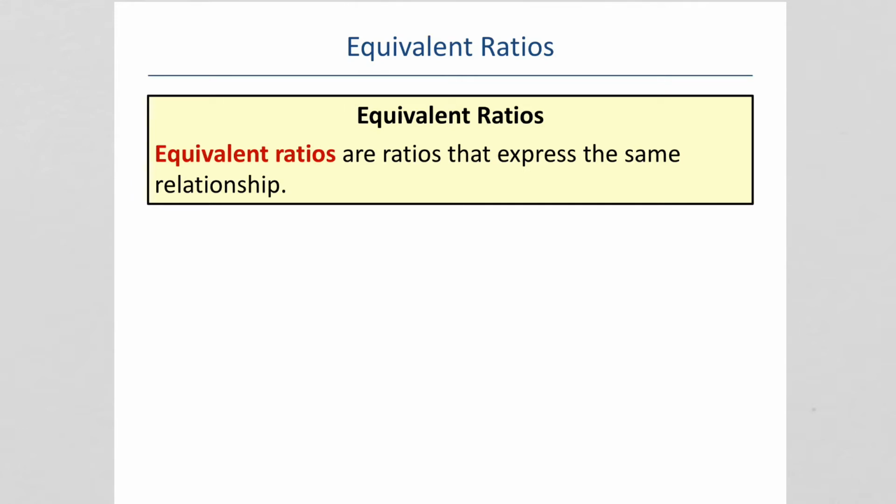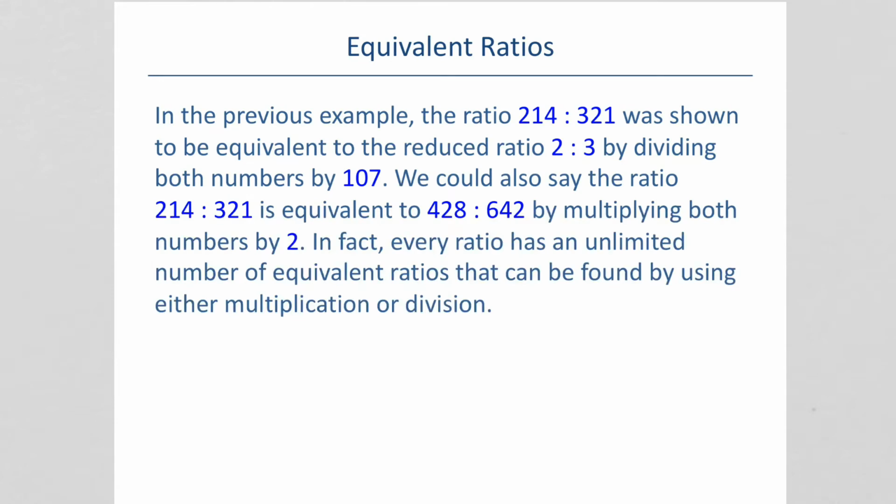Equivalent ratios are ratios that express the same relationship. In the previous example, the ratio 214 to 321 was shown to be equivalent to the reduced ratio of 2 to 3 by dividing both numbers by 107.